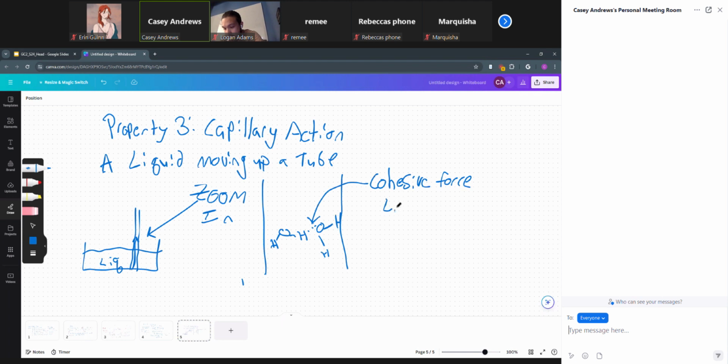That is simply your liquid-liquid interaction. But the liquid isn't just interacting with itself, it's also interacting with the tube. And so that's our second interaction. This is called an adhesive force. This is your liquid-tube interaction.